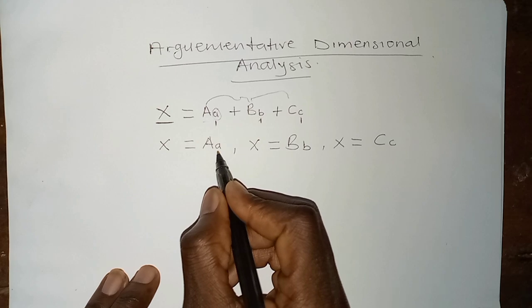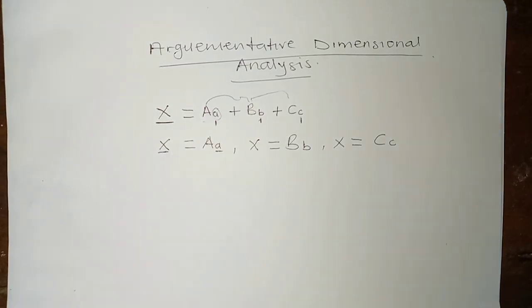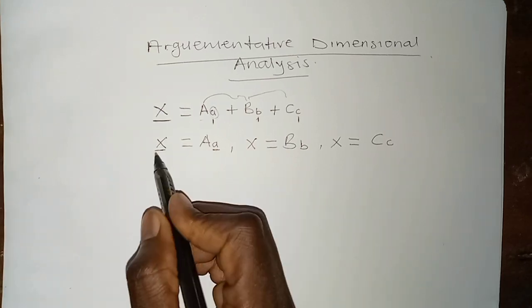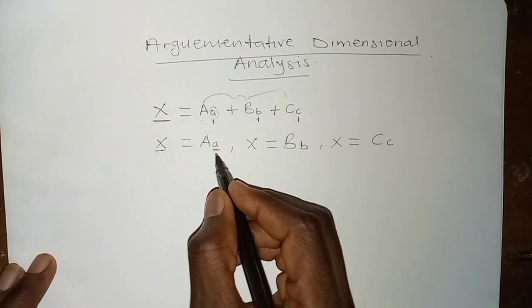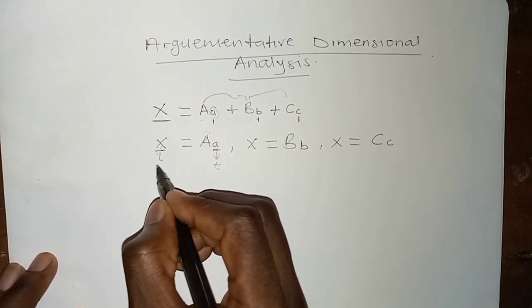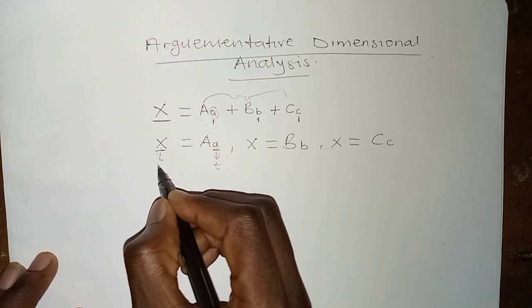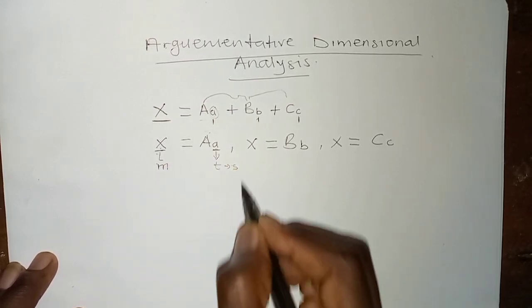Then if you've been given the dimension for this and dimension for that, all you are supposed to do is divide this by that, and it will give you the dimension for that. Suppose this was time t and that was displacement. You need to understand that displacement is measured in meters and time is measured in what? Seconds.